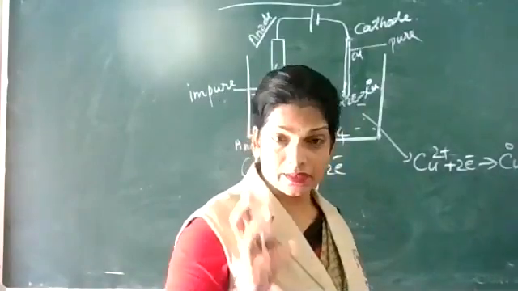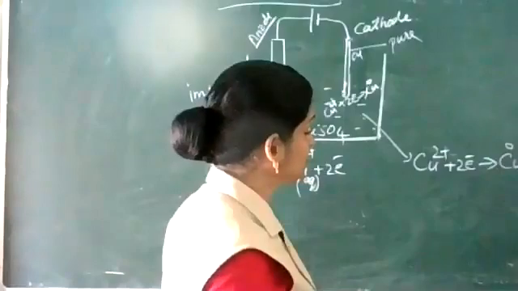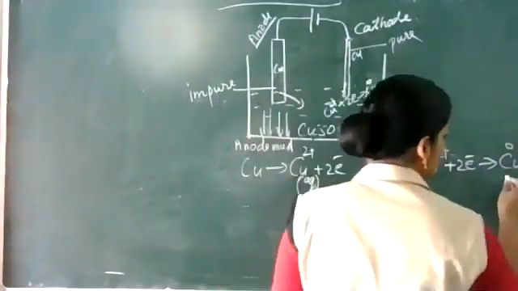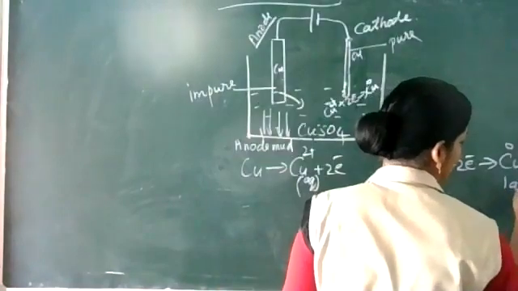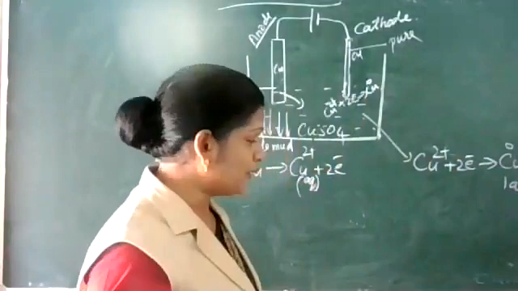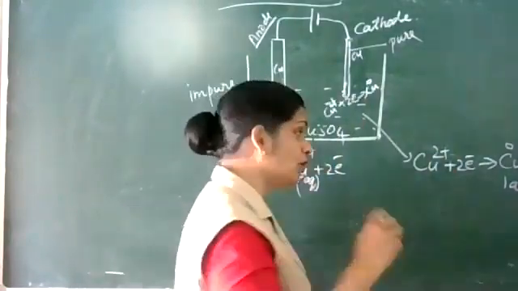In terms of mass, I have only one number, that is 63.5. Here, this is one atom. One atom is useless for me. I cannot do any calculation. So I am thinking of 1 mole.